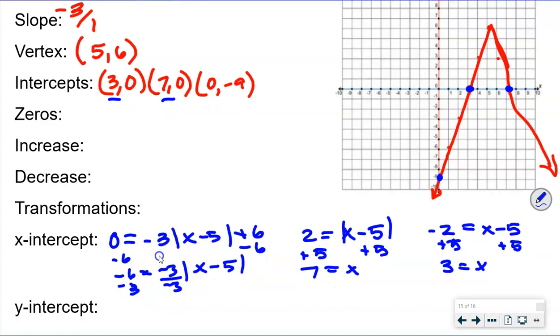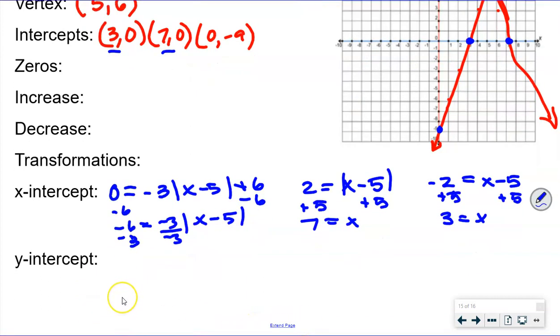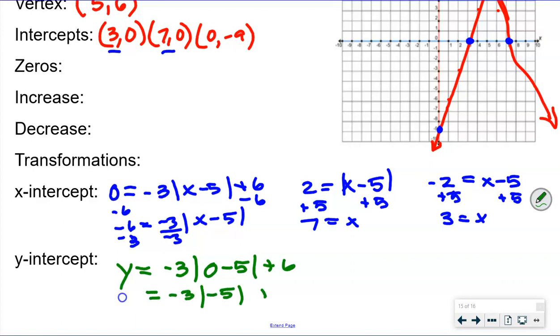Now remember, with our y-intercept, we're going to solve for it by putting 0 in for x, okay? So this is going to be y is equal to -3 times the absolute value of 0 minus 5, plus 6. So this is going to be negative 3 times 5, right?